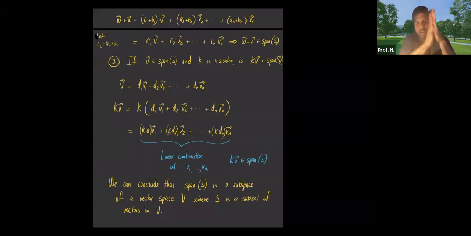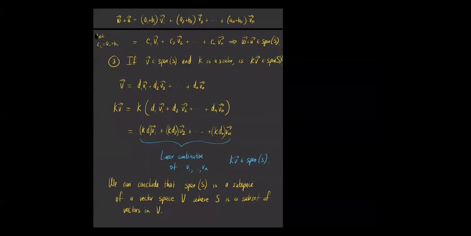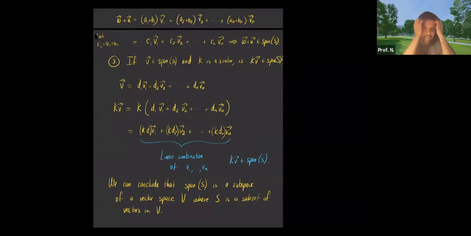That's why it's called a subspace. It's a subset of a vector space that happens to be also another vector space. And that, the importance of it, is a very broad statement. But hopefully slowly you'll see the importance of it.